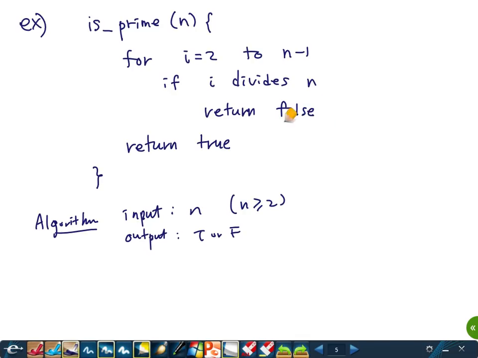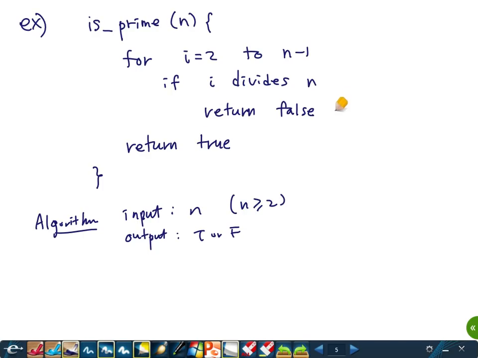So the return statement here, when we use a programming language, whenever a return statement is executed, the algorithm just stops there. So suppose for instance i equals 2 and 2 divides n, and it returns false. You don't increase i by 1 and perform this again, because the whole algorithm is finished.